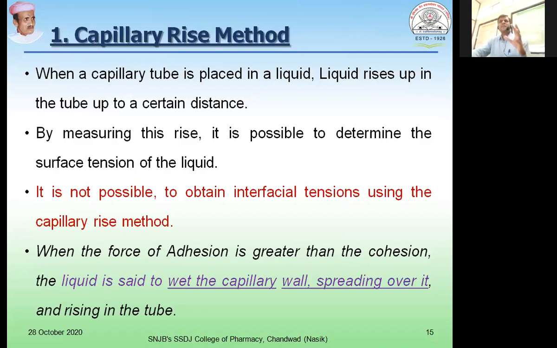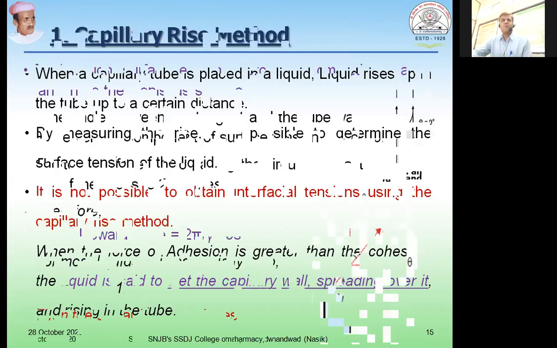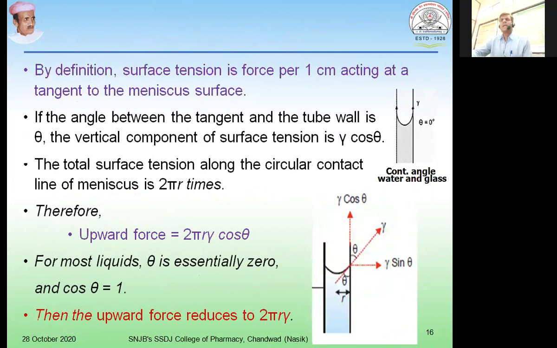So we want to understand what is that upward force which is leading to rising of the liquid into the capillary tube, and what is that downward force which is not allowing the liquid to rise above a certain level. And when we understand these two, then we will be able to come up with the equation which will be used for determination of surface tension. So let us see what is that upward force and downward force which leads to the equilibrium.